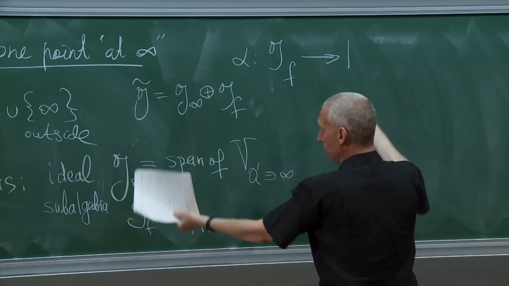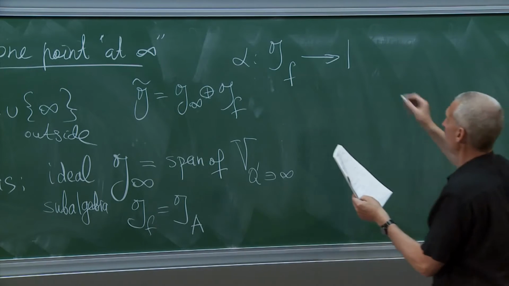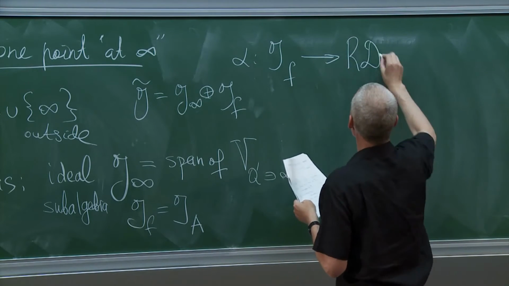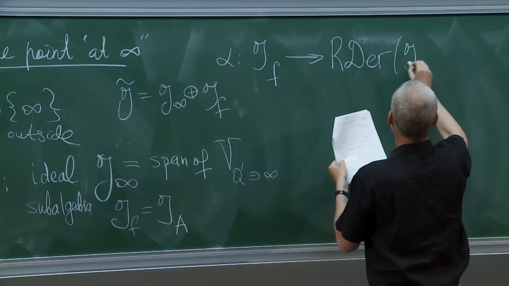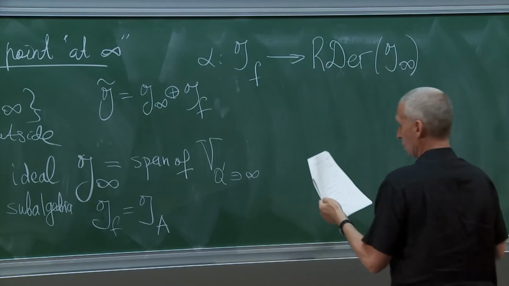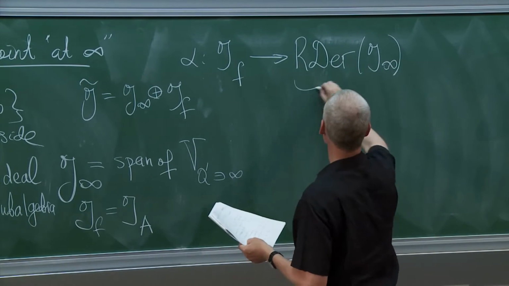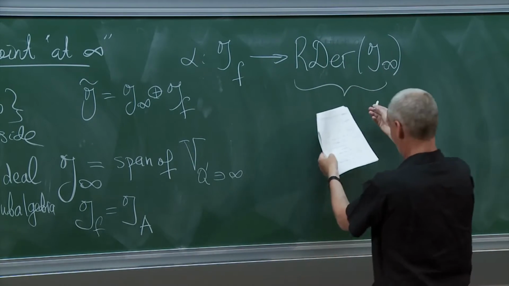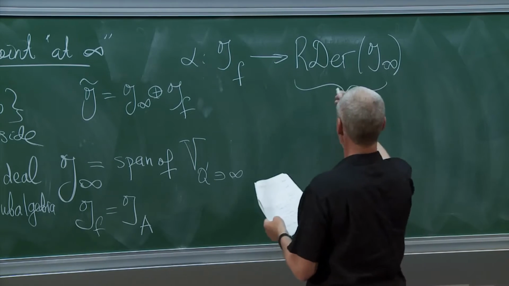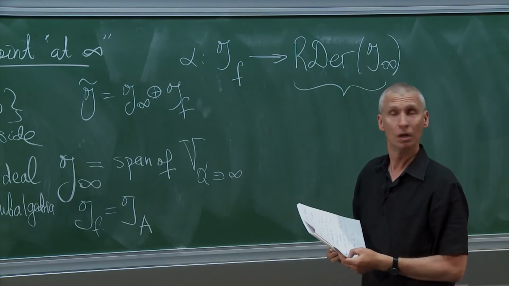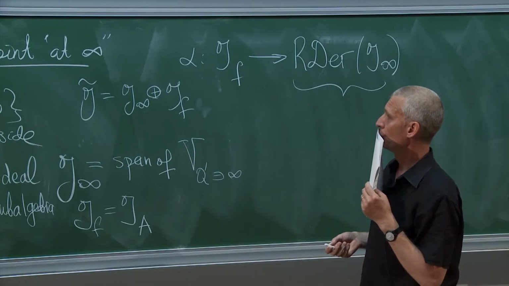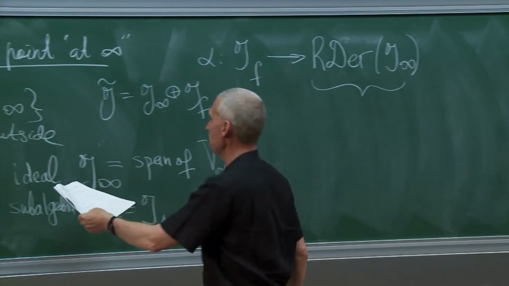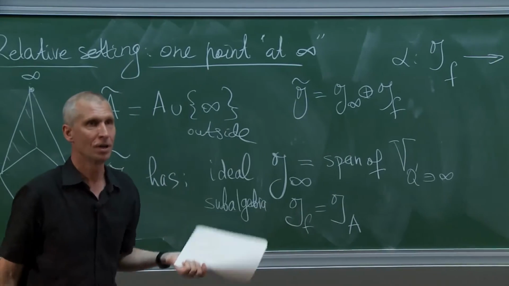In the L-infinity situation, we will have a sort of derived action. The differential preserves GF, and G infinity is an ideal, so it preserves it in an even bigger sense.